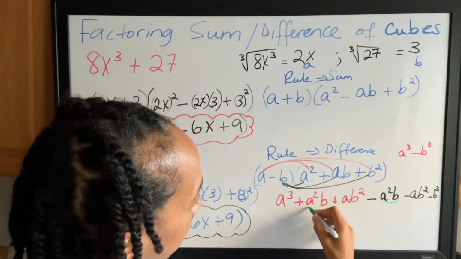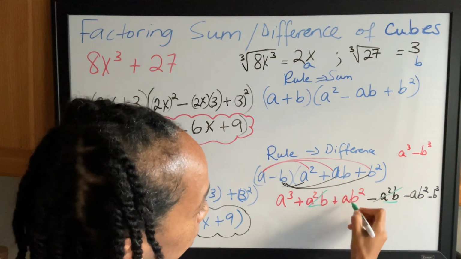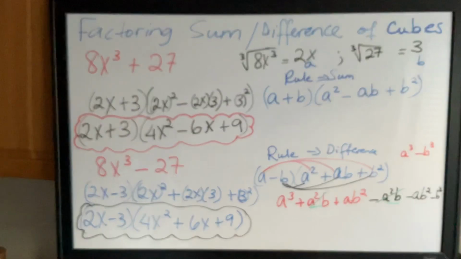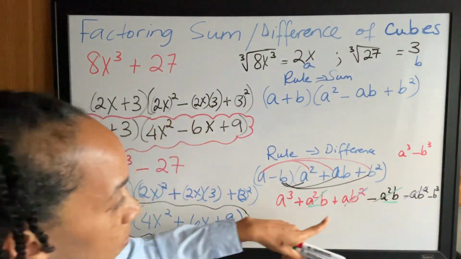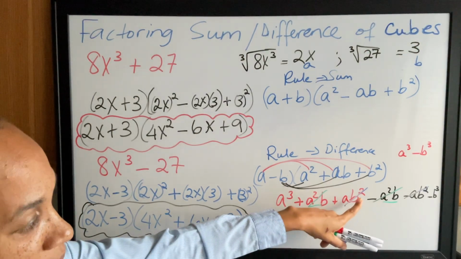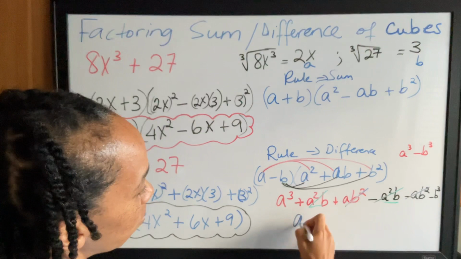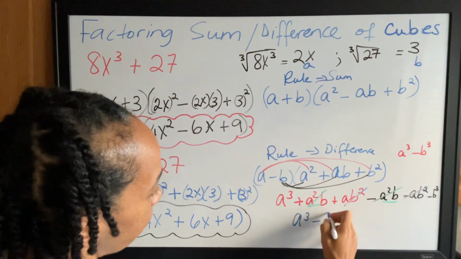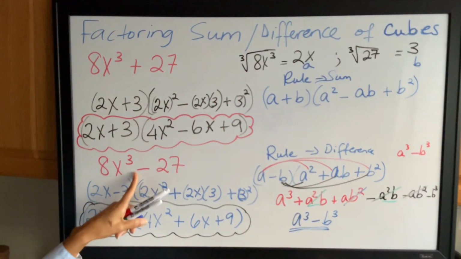These are our like terms, and that's going to cancel this out. This is also going to cancel out this one, because positive ab squared, negative ab squared, when you cancel those out, this is what is left of everything. All right, and this takes you back to the original here.